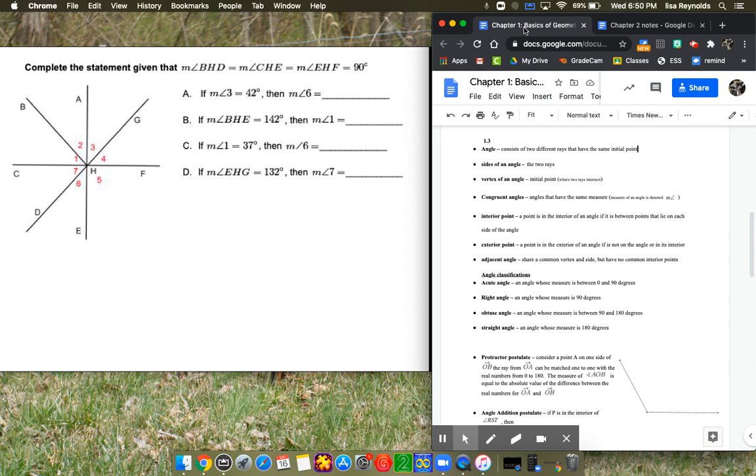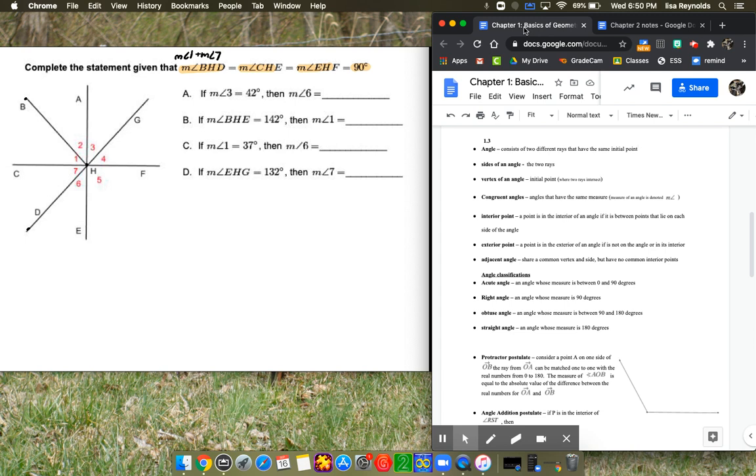So in the given information, we are told that we have 3 angles that are all 90 degrees. So when I look at my picture, I see that the angle BHD is actually made up of the measure of angle 1 and the measure of angle 7.